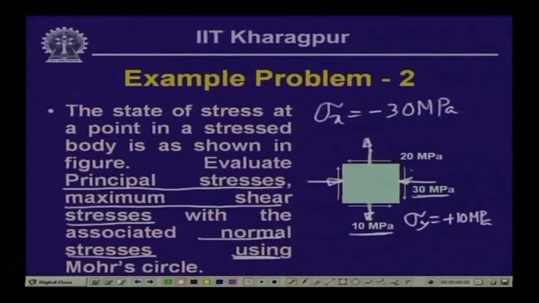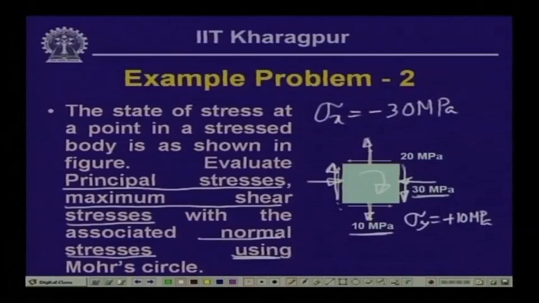Then we have the shearing stress. Now, if you note, the direction of the shearing stress is opposite to the positive y direction. Also, this particular shear along with the complementary shear on the other face is causing a rotation in the clockwise direction, which according to our sign convention is negative, because if you remember in the Mohr circle we said that the shearing stress which causes anti-clockwise rotation is positive.